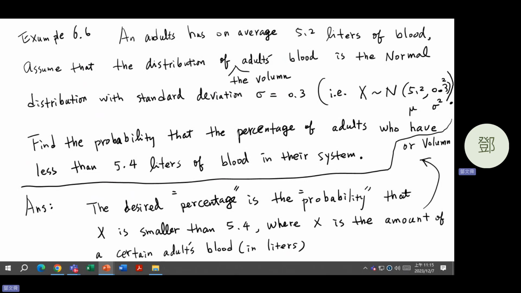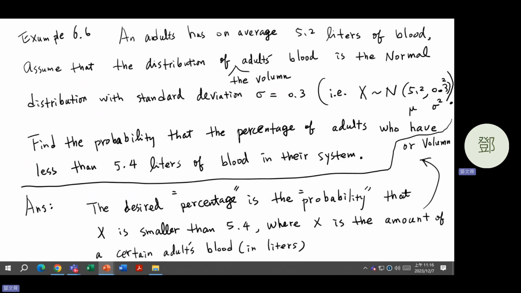The desired percentage, you want us to calculate the percentage. The percentage is the probability that X is smaller than 5.4, where X is the amount of a certain adult's blood selected by random, in liters.